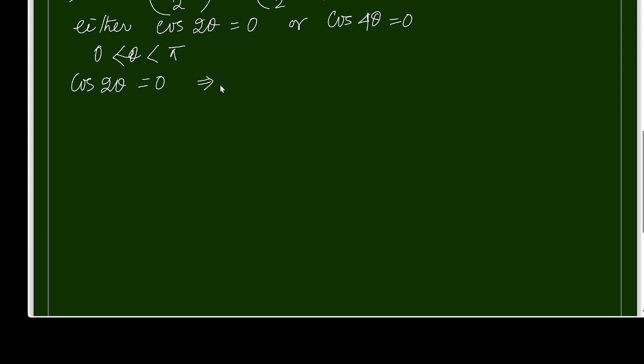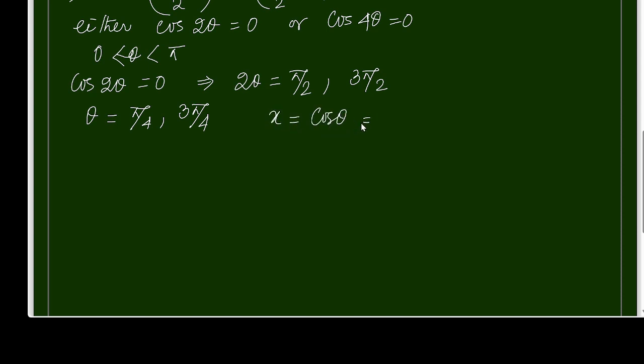That means 2θ is equal to π/2, at which cos 2θ becomes 0, or it will be 3π/2. So 2θ is π/2 or 3π/2. That means θ is equal to π/4 or 3π/4. And what is x? x is equal to cos θ. This will be cos π/4 or cos 3π/4.